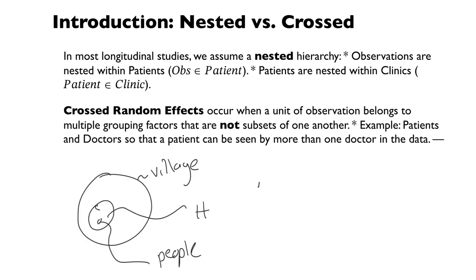Usually we're talking about two factors that have large numbers of discrete levels, like person, the number of IDs in our data set, or clinic, which could be 30 or 40 clinics. It's not convenient to model them as fixed effects. I don't want to create a dummy variable for every person in my data set.